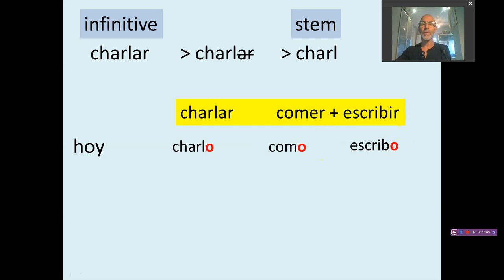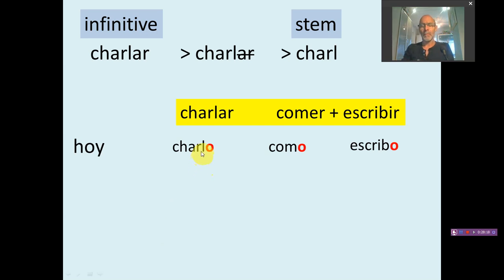So this is how we go from charlar, to chat, or comer, to eat, or escribir, to write, to I chat, I eat, I write. And it's really important at this stage, guys, that you try and concentrate on this. It's not the most electrifyingly exciting part of the language, looking at verb endings, but if you can grasp it and understand it, it really helps you out big time later on.